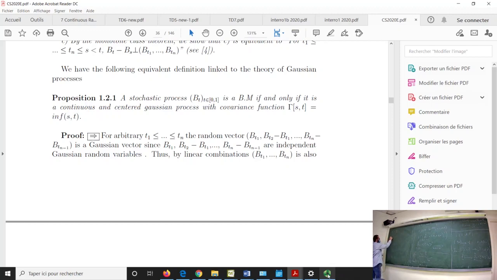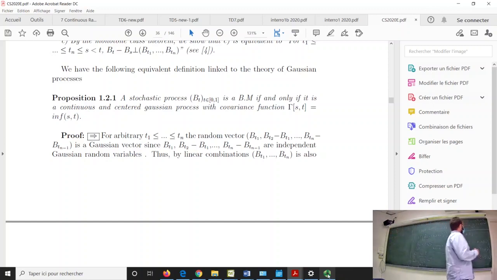Second thing: if f belongs to L2 of 0, capital T, what can you say about the distribution of I of f? For In, we have seen together that In of f follows a Gaussian distribution with mean 0 and a variance that is just the sum of the squares of these coefficients.